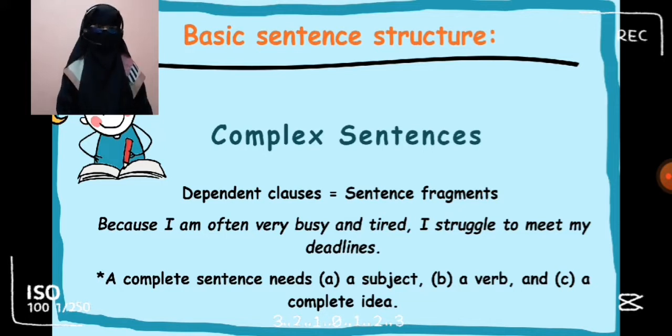If I just write, "because I am often very busy and tired," and I stop it there, it does not communicate a complete idea. It seems like there is something missing. And so, that's how dependent clauses are often a part of an idea that really needs extra information to be complete.